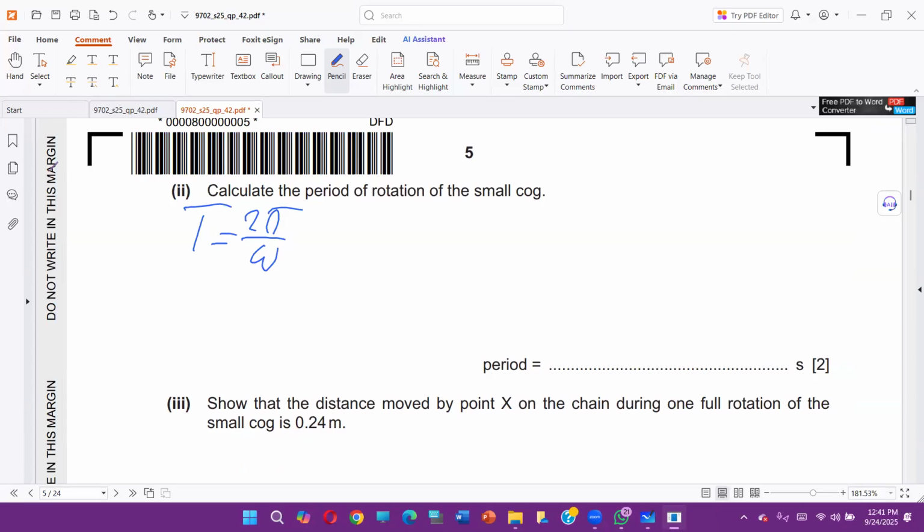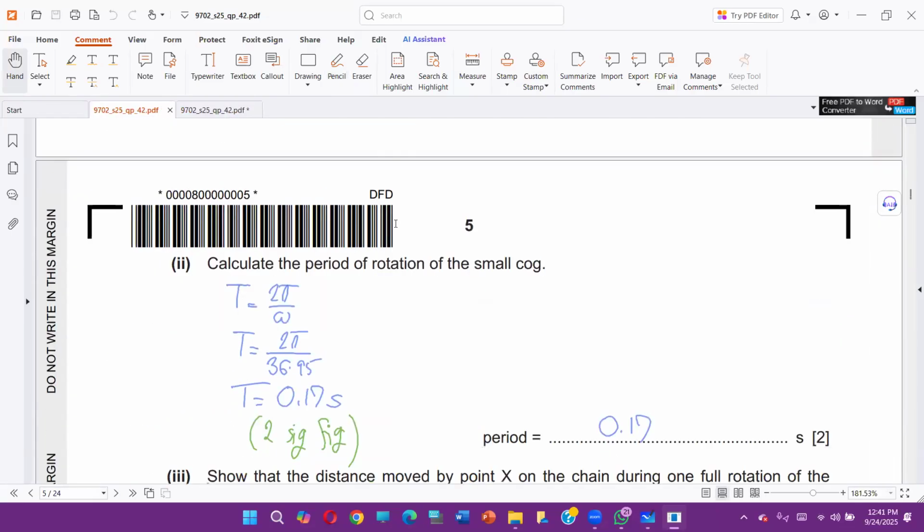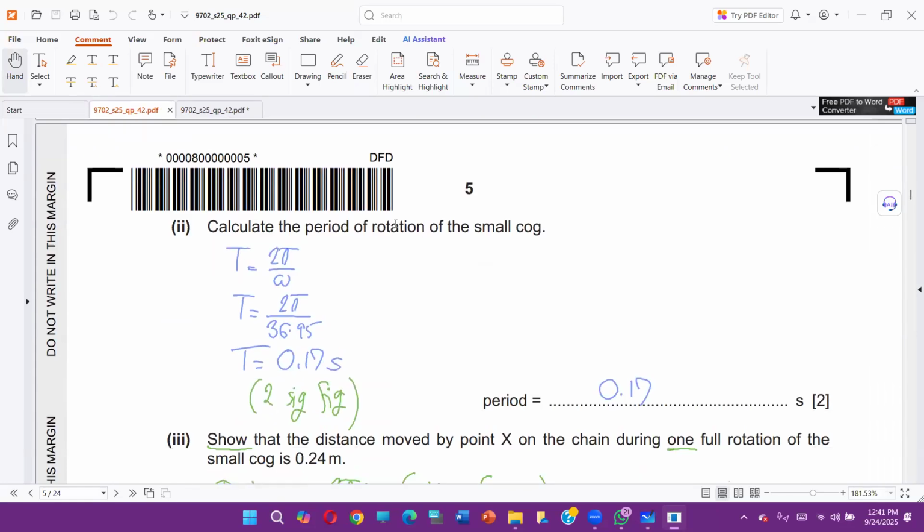Omega will be the same because they are connected objects. I have used the formula t is equal to 2 pi upon omega, and then I put it here. For time saving, I'm showing the working. You people can do it yourself and compare the answer.